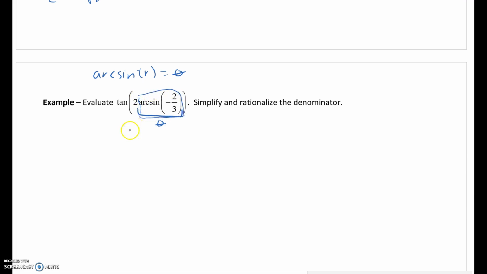So we're trying to evaluate the tangent of 2 times some angle. We have a formula for that, right? The tangent of 2 theta is 2 times the tangent of theta over 1 minus the tangent squared of theta. So that's a formula on the previous page.